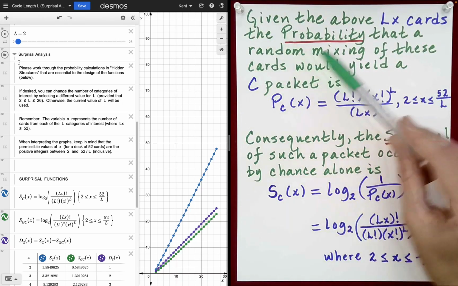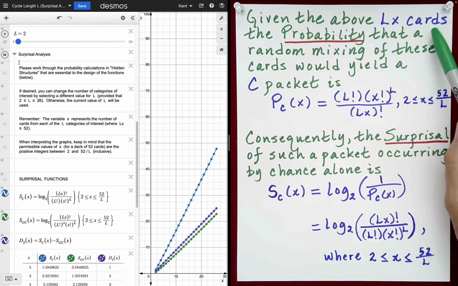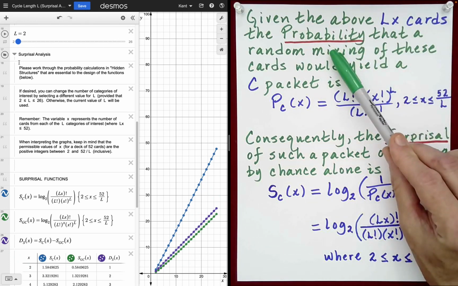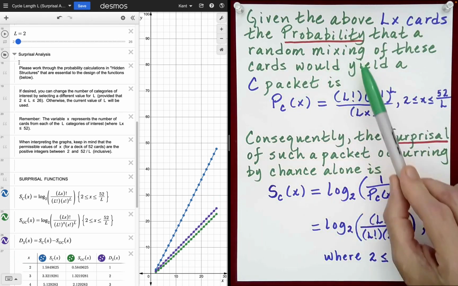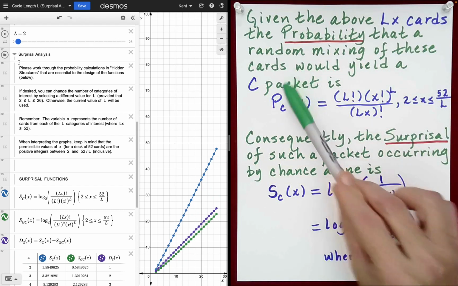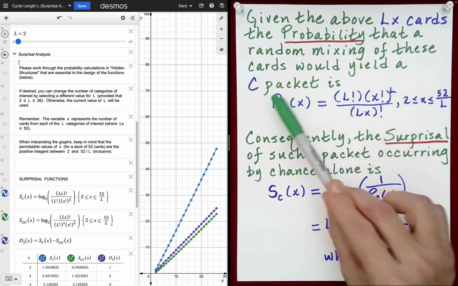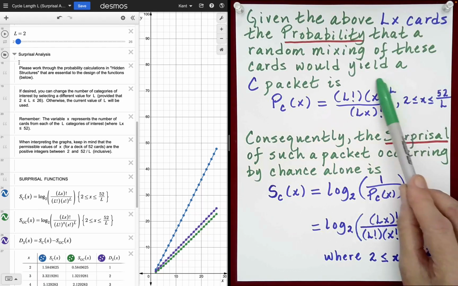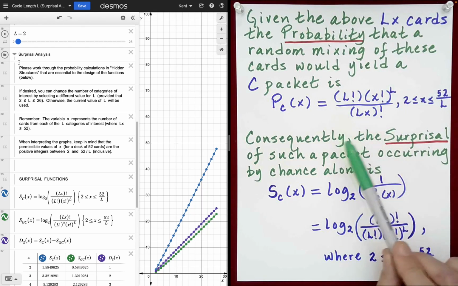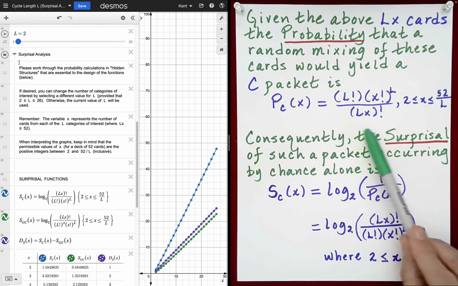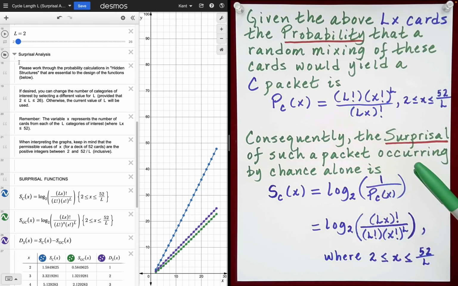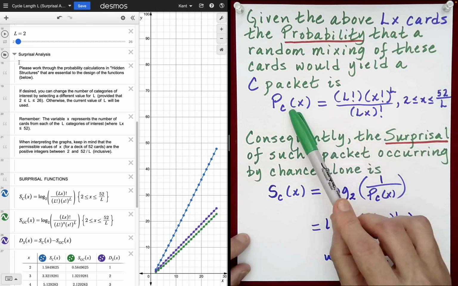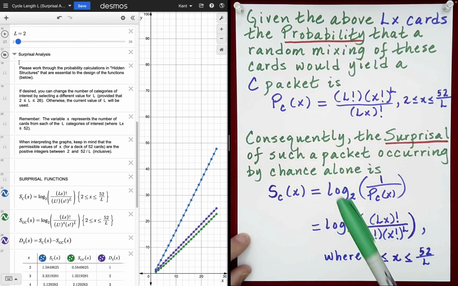So given the above Lx cards, the probability that a random mixing of these cards would yield a C packet is the following. It's the number of C packets divided by the total number of permutations of those Lx cards. Once we have the probability, we're just one step away from finding the surprisal.